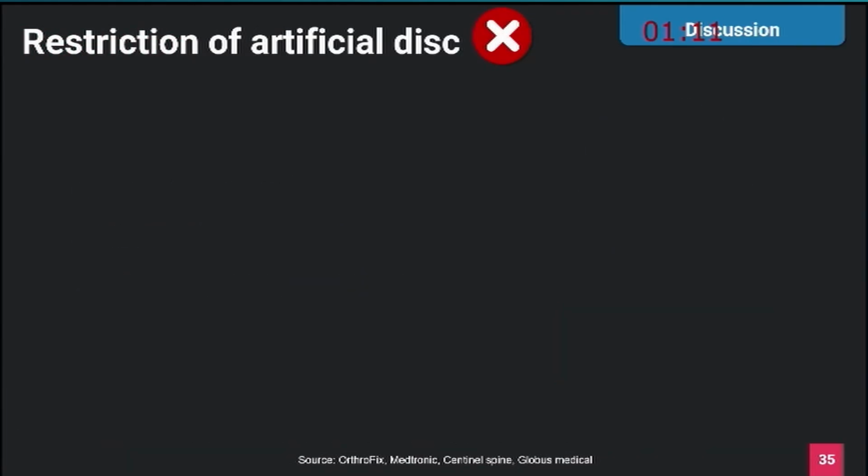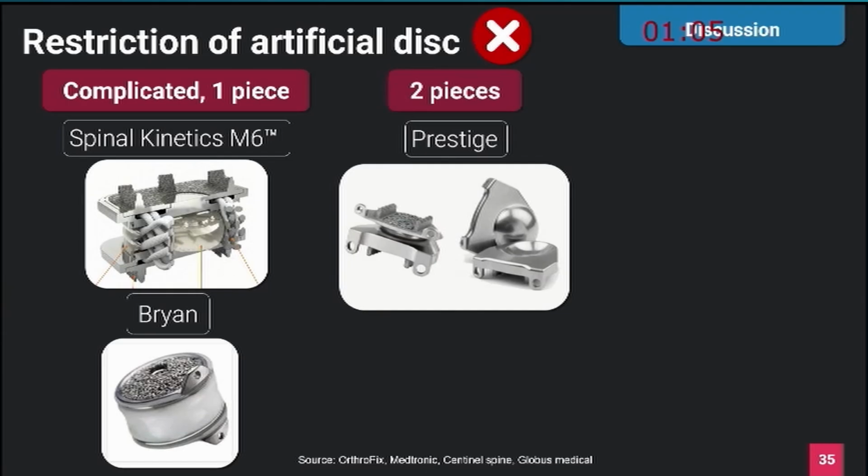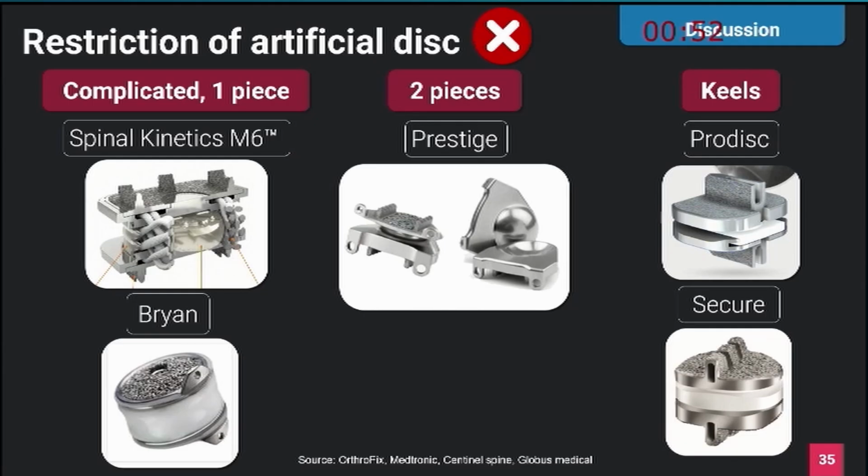So we don't recommend it with previous artificial discs such as 1 piece like M6 or Baguera disc, 2 pieces like Prestige disc, because you have to remove much of the previous artificial disc to create enough space. And those with huge keels, such as ProDisc, also not recommended, because you don't have enough residual implant to put the new one.